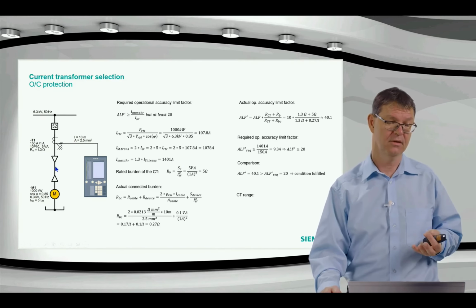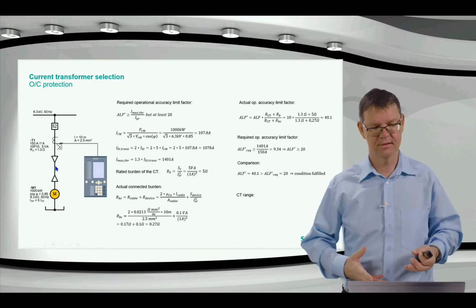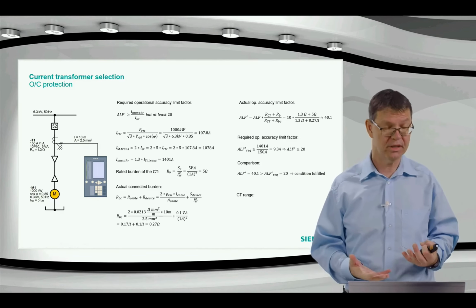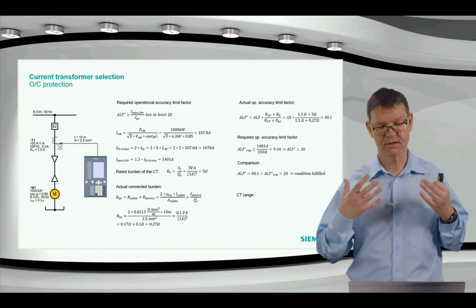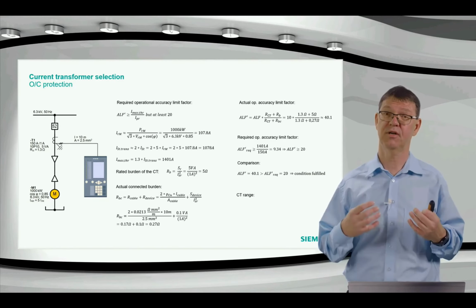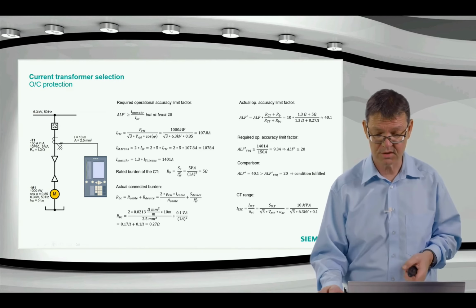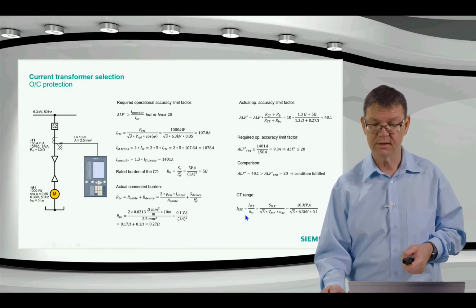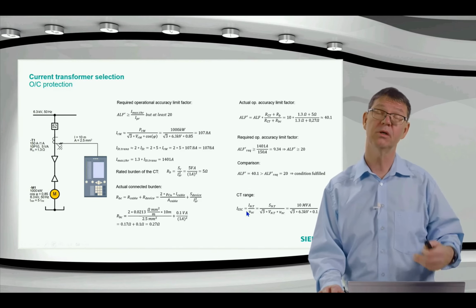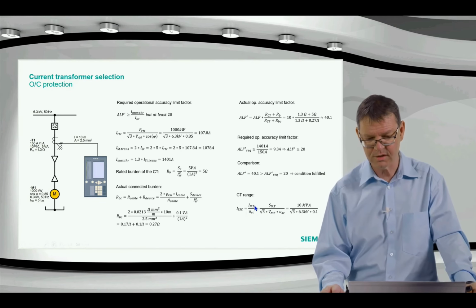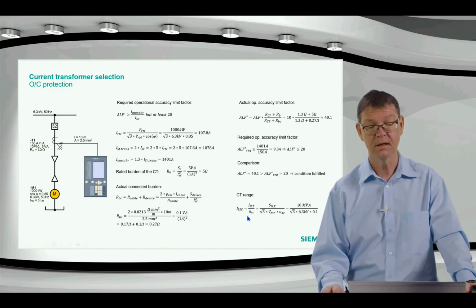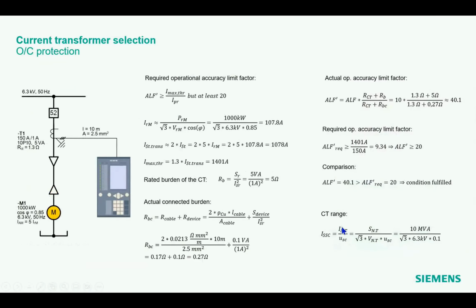Now we can calculate this in detail with a network calculation program, or if we have just a transformer, we can make a fast and rough estimation, and this comes here. My short circuit current behind such a power transformer is the nominal current of the transformer divided by the short circuit voltage, which normally has a value between 5%, 15%, 20%, so in that range.